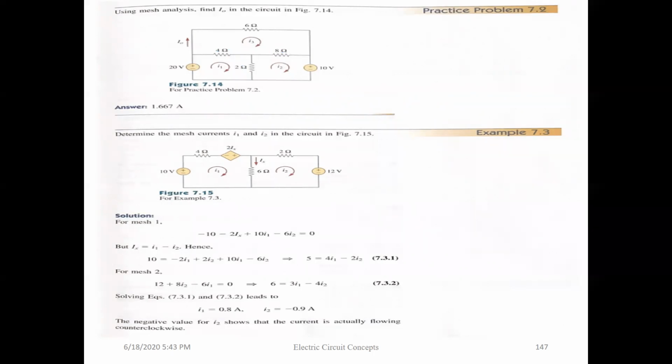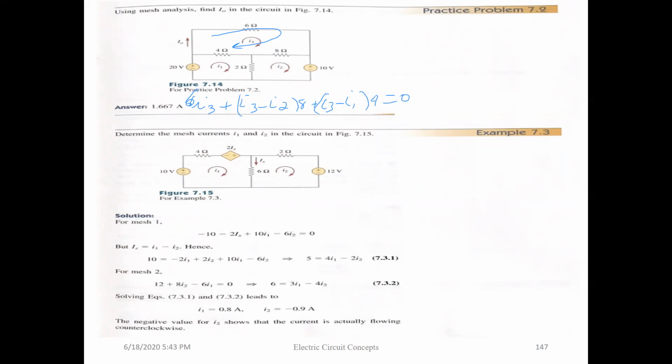Okay, for the third one, which is this one here, let's start with the 6, so it will be 6 I3, and then we have I3 minus I2 times 8, then plus I3 minus I1 multiplied by 4 equal to 0, since there's no supply voltage in this loop.